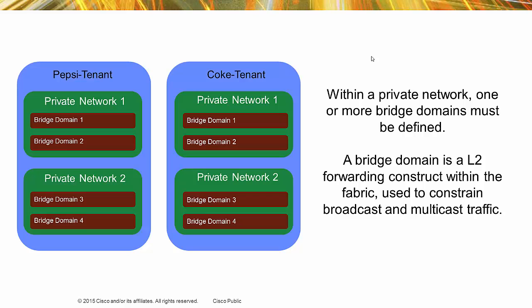Once we do the practical, you will have different options and you will get to see how we are using a bridge domain. But just keep in mind, the bridge domain is a layer 2 forwarding construct. You can have one or multiple bridge domains, and these bridge domains belong to a network or a VRF or a context.